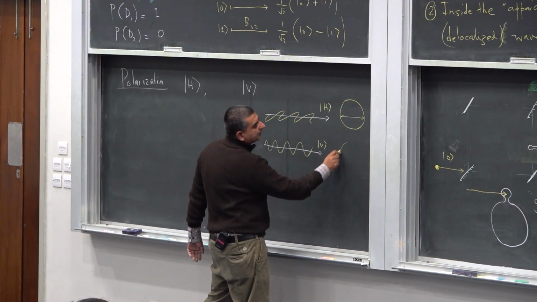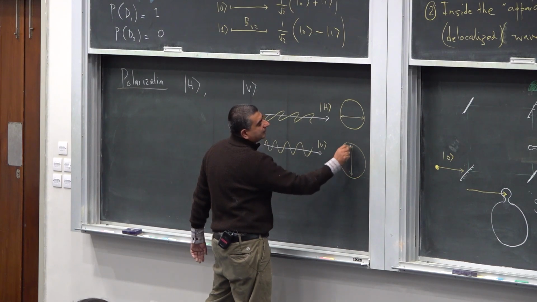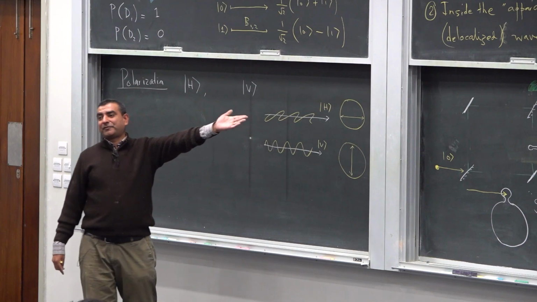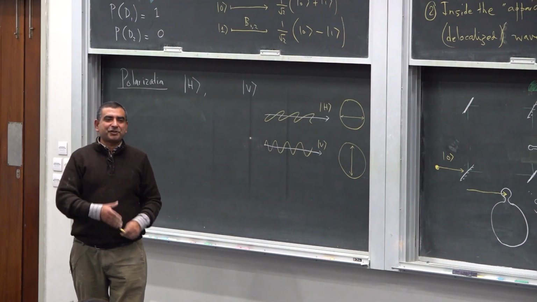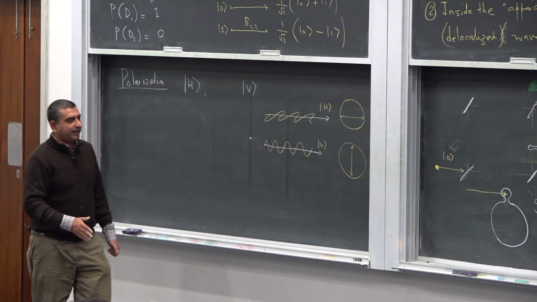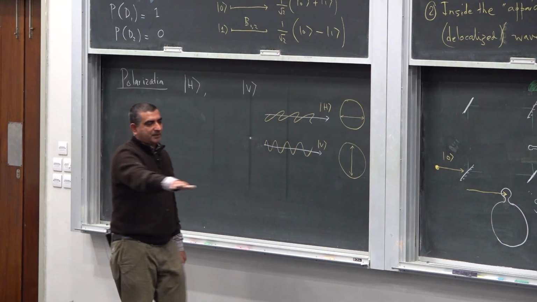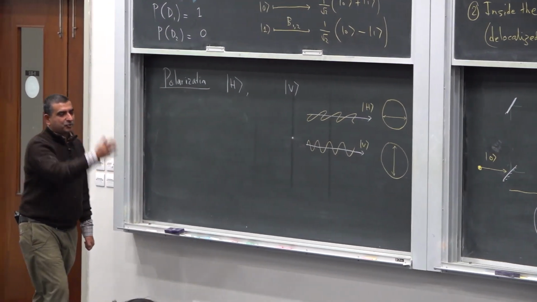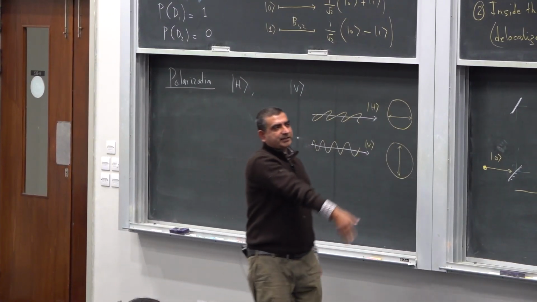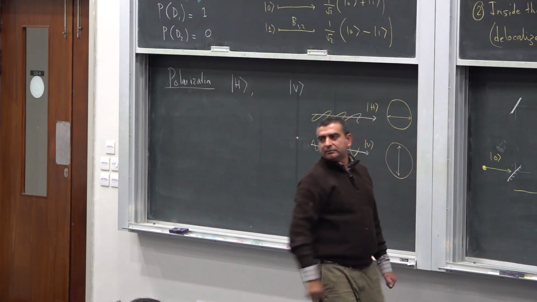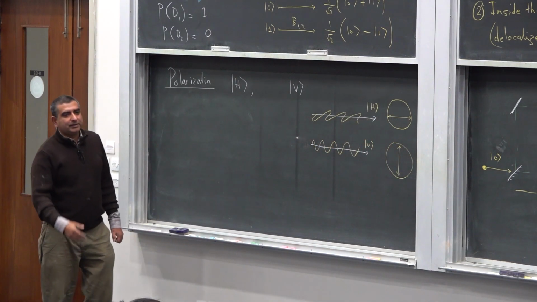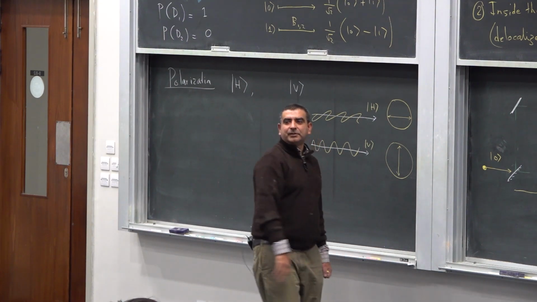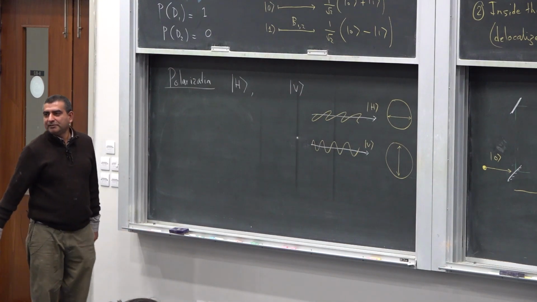Here I could draw the polarization to be vertical. Alright? But there's nothing special about horizontal vertical. This polarization could be at 45 degrees as well. So this is horizontal polarization, the photon is coming in, this is the electric field. This is a vertically polarized photon, electric field in a vertical plane. This is 45 degrees polarized. Let's call it diagonal.